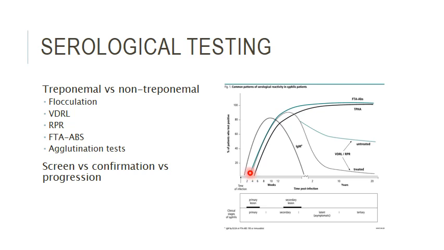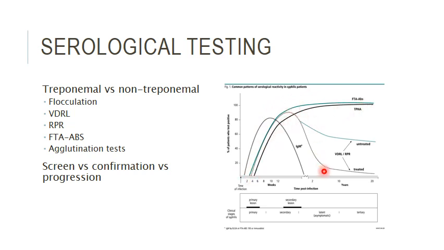And you can see that the FTA, the blue line, is slightly earlier than the dotted line, which is your VDRL RPR line. Those are your non-treponemal lines. So you can see they come up slightly before. It's not a lot, but it is before, and they'll generally stay positive longer.